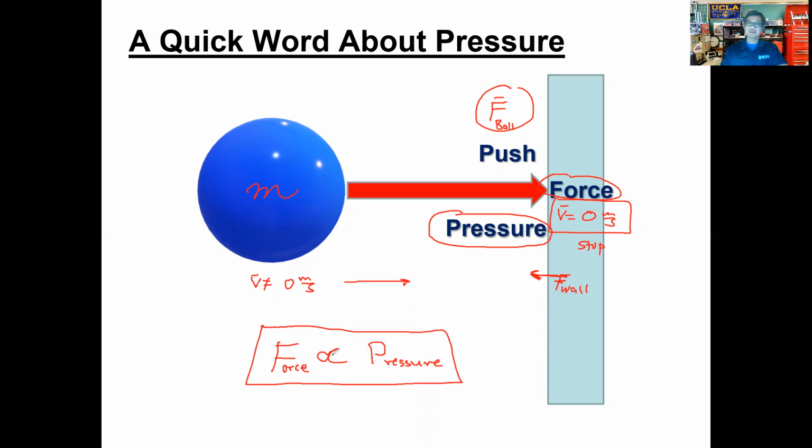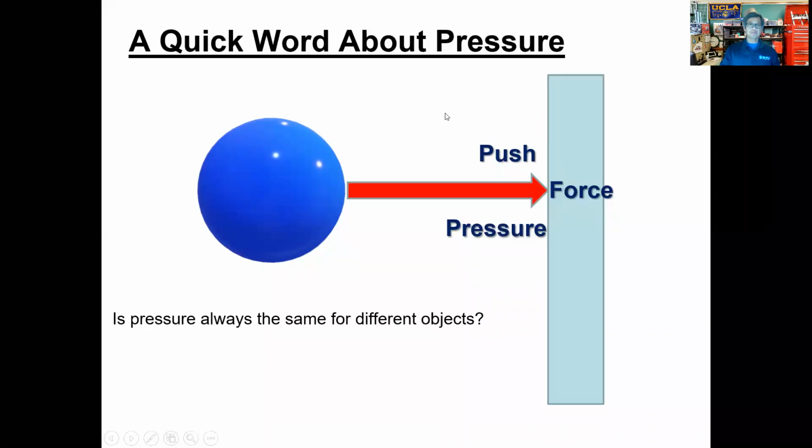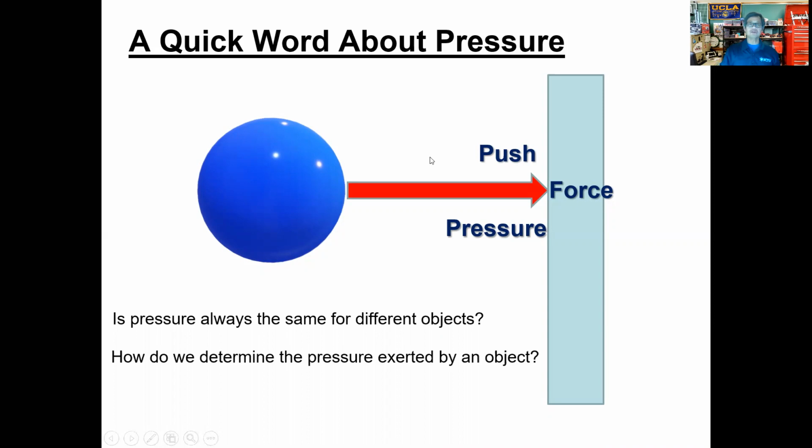So the question is, can we make use of that relationship to explain why pressures are different for different objects? And furthermore, how do we determine the pressure exerted by that particular object?